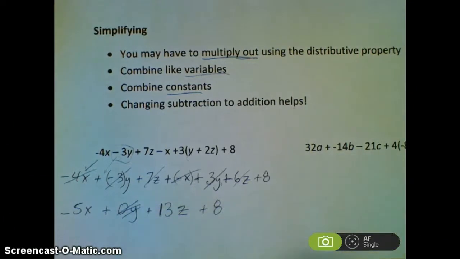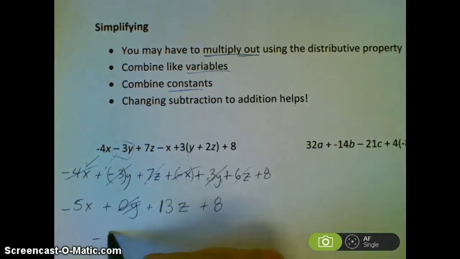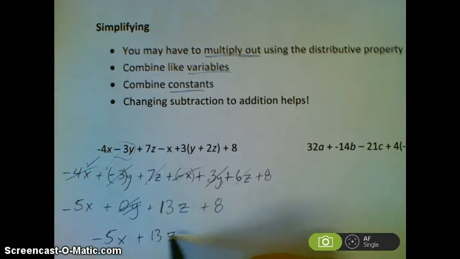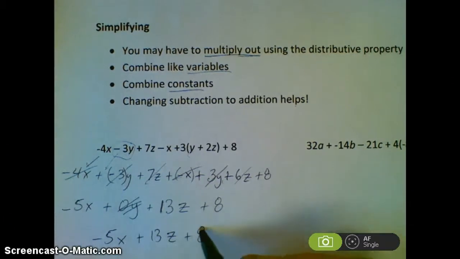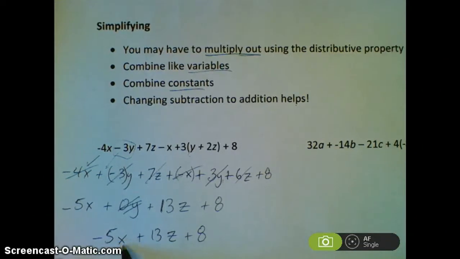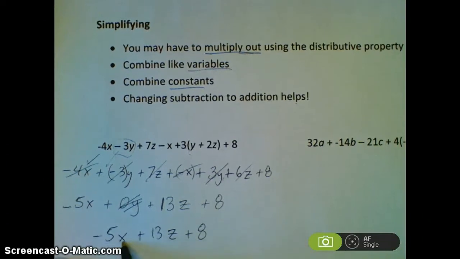I want this as simple as possible, so this simplifies to negative 5x plus 13z plus 8. I know I'm done because I've only got one coefficient in front of each variable. There isn't another 3x or something sitting off here. I've got all my variables combined. I've got my coefficients and my constants.